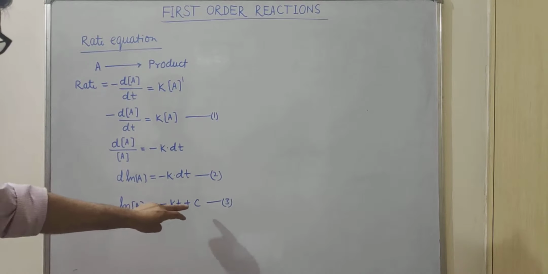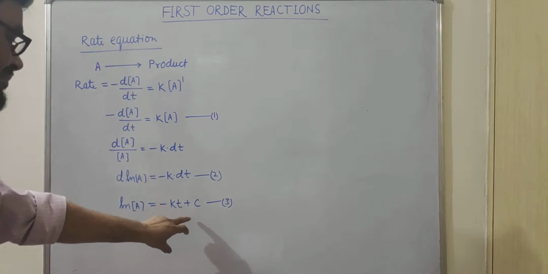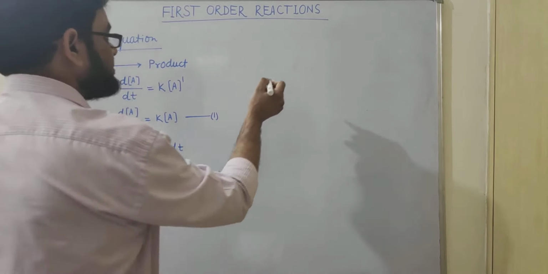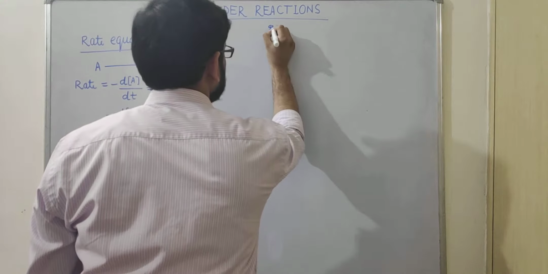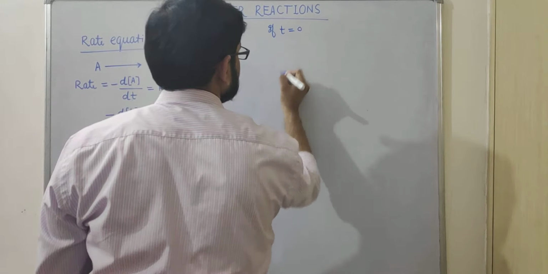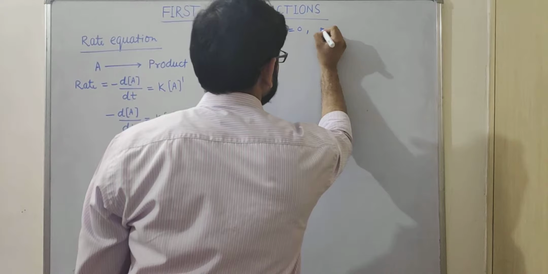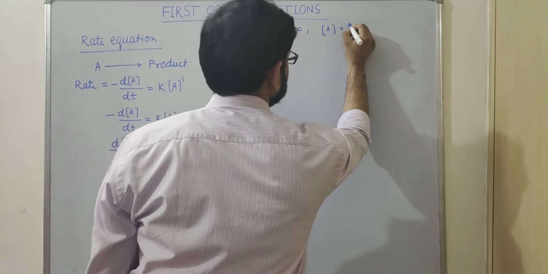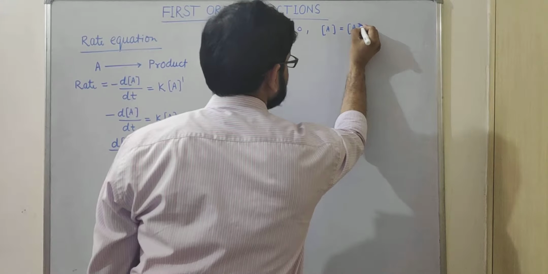So now we will find out the value of C by putting limiting conditions. So limiting conditions are, at time is equal to 0, A will be equal to A0, means initial concentration.